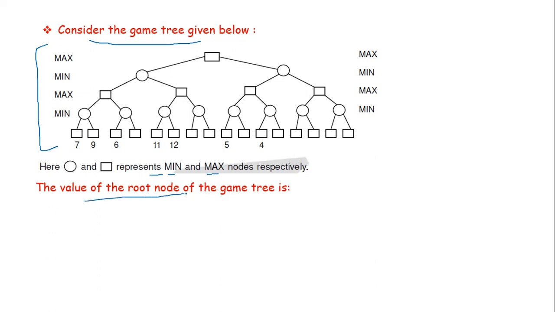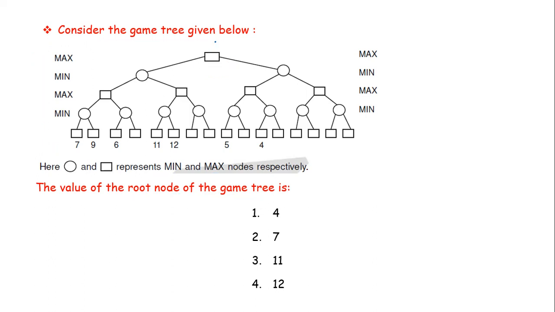The value of the root node of the game tree is, we have to find the value of the root node, right? This is a min-max tree. Here one person tries to maximize their points and another person tries to minimize them. You can get more information on game trees from a Google search. Here we will just solve this question.